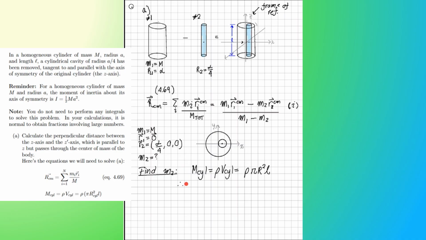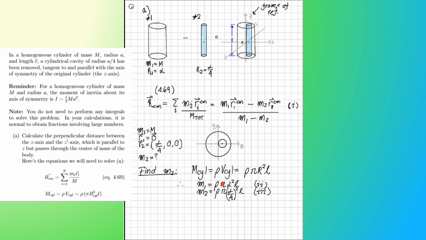Therefore, M1 is equal to the density pi alpha squared L, and M2 is equal to the density pi alpha divided by 4 squared L. This is equation number 2, and this is equation number 3.